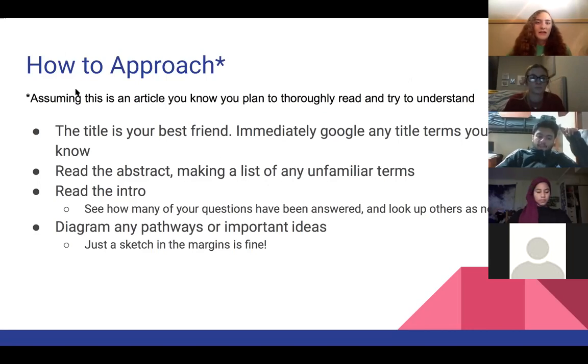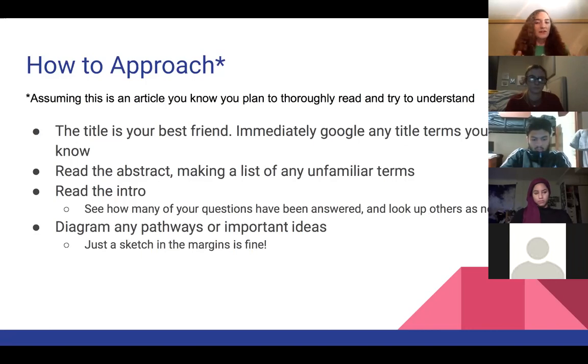So when you're approaching how to read an article, if you don't understand any words in the title, just Google them so you know what it is. Also, you want to read the abstract. If there are any unfamiliar terms, make a list. You don't have to Google those terms right away, because maybe while reading the introduction, they'll tell you what the terms mean. And if they don't, you can always just look it up.